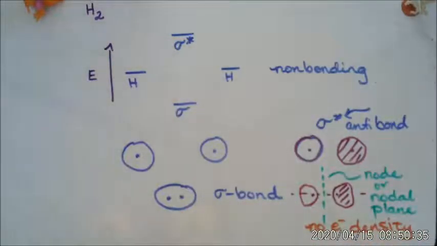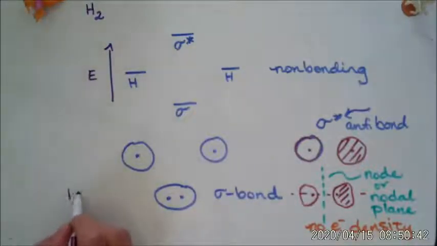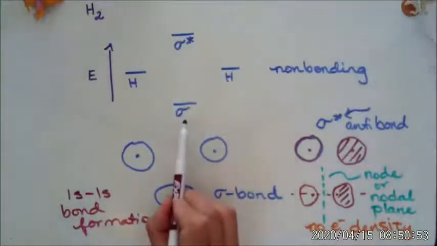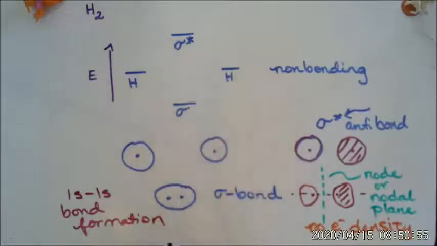Alright, so I have a sigma antibond. So this is what happens when I have a 1s bond formation. You're going to have a sigma bond, and you're going to have a sigma star, an antibond.